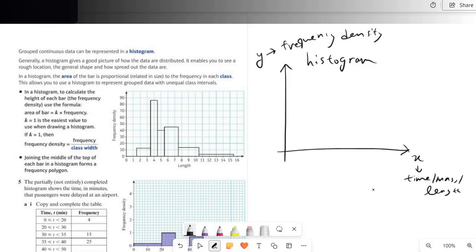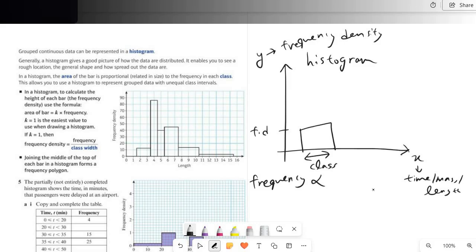And here in histograms, you have to remember that the frequency is actually proportional to the area of the bars represented in a histogram. For example, let's say this is a bar with a specific value of frequency density, or FD, and it has a certain class width.